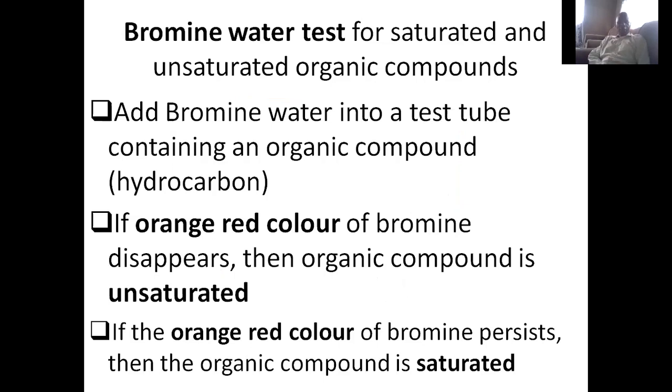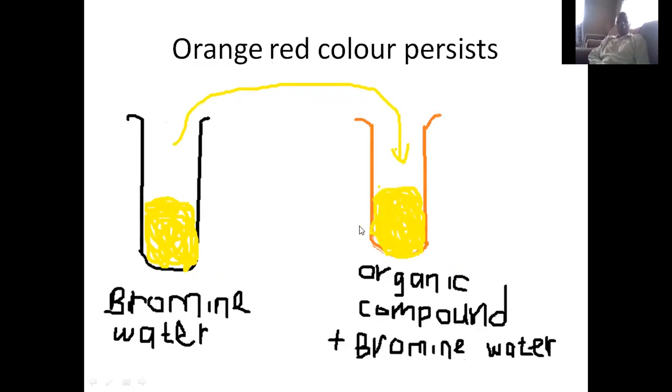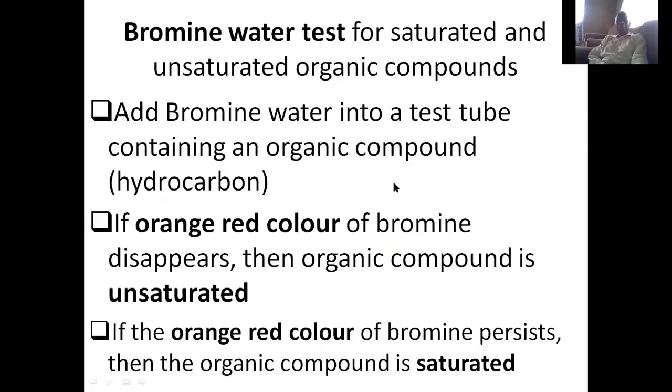Then, if the orange-red color of bromine persists, it means that organic compound is saturated. What it means is that if we have an organic compound and we add bromine water to it, and the orange-red color of bromine remains the same, that is a saturated organic compound.